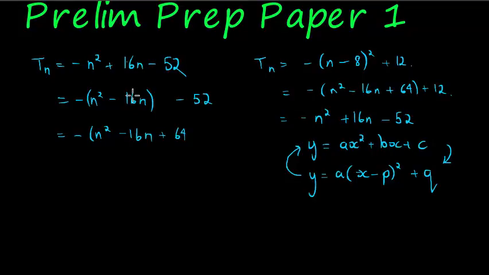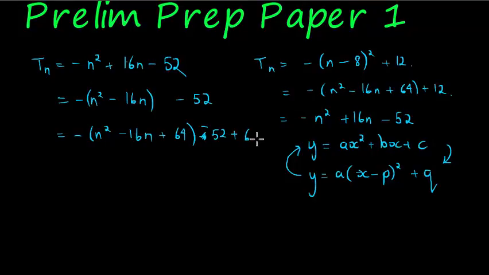So I take half of that, square it, and then add it. And then just remember, I've added this now in a bracket, but the bracket has got a negative in. So what I actually did was subtracting 64. So outside the bracket, I must add 64.